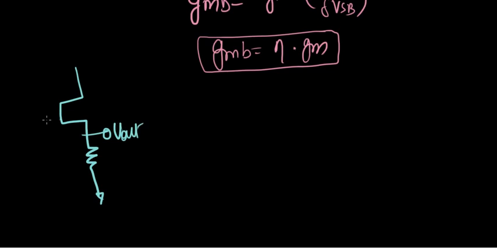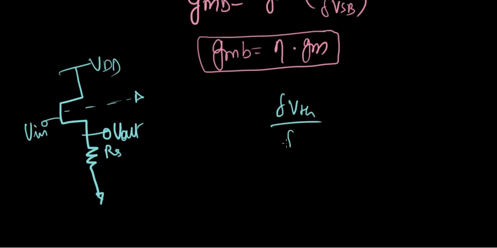V out, V in, and this is VDD, and this is the bulk connected to the ground. And this is RS. So I mentioned in that lecture that delta VTH over delta Vin equals eta times delta V out over delta Vin.